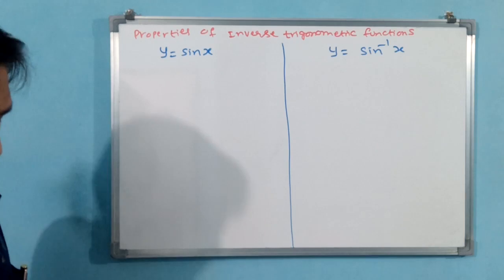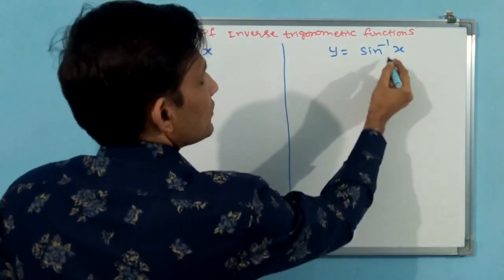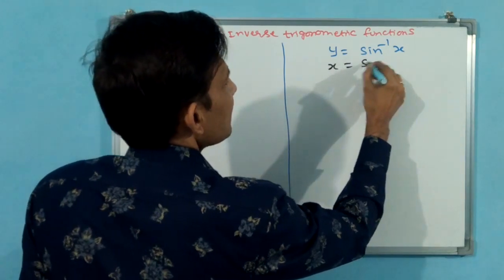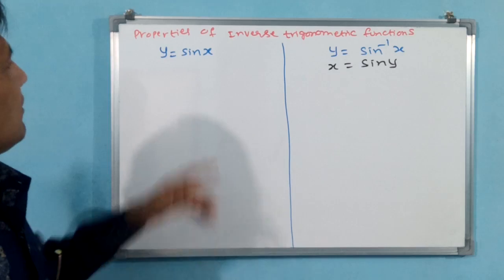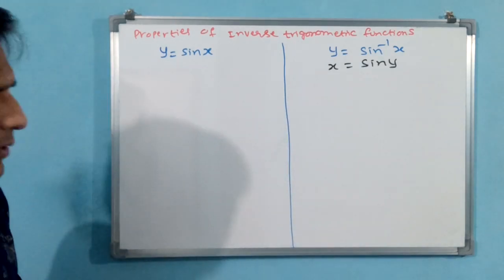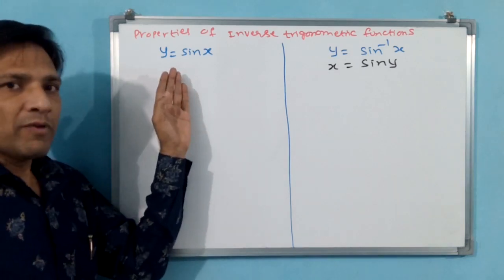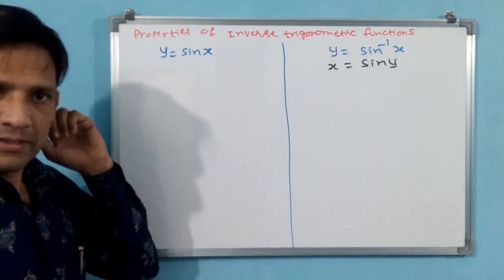Okay. See, here again what you are going to write? You are going to write x is equal to sin y. Then you may get a little bit of confusion. y is equal to sin x, x is equal to sin y, which is correct? When we studied trigonometric function, why have we written this?